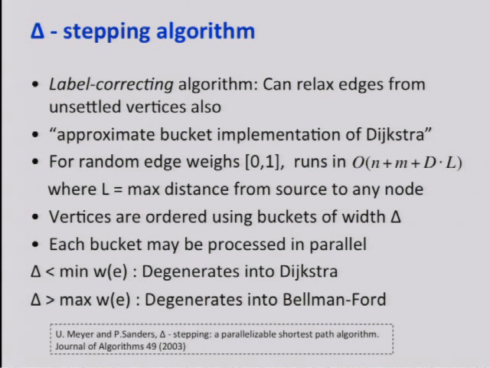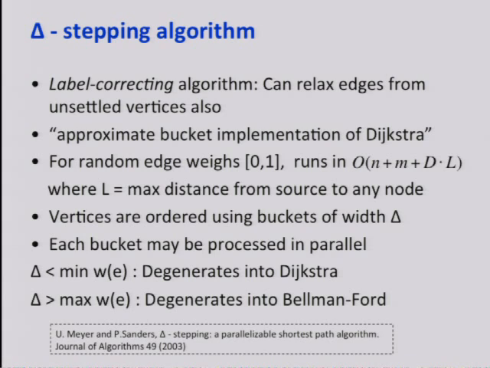So this algorithm is a very nice algorithm. It's a label correcting algorithm. It can come back to the same vertices again. And it runs in time O(n + m + d·L) for random edge weights. And I'll tell what that means and why this is the case. D is the diameter, and L is the maximum distance from the source to any node, so the maximum of the shortest path weights from the source.